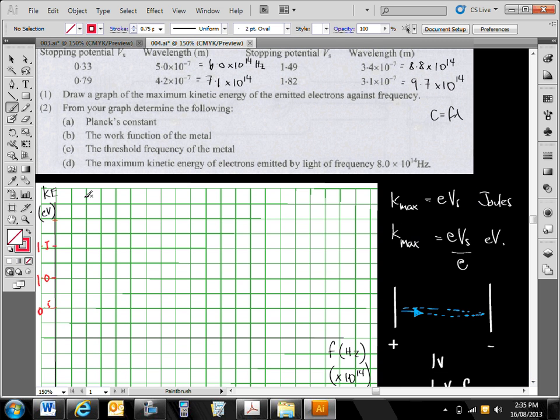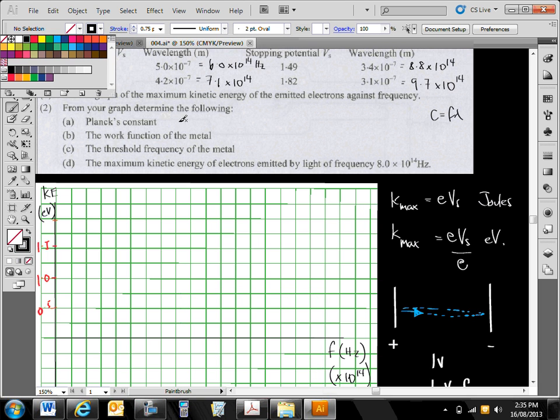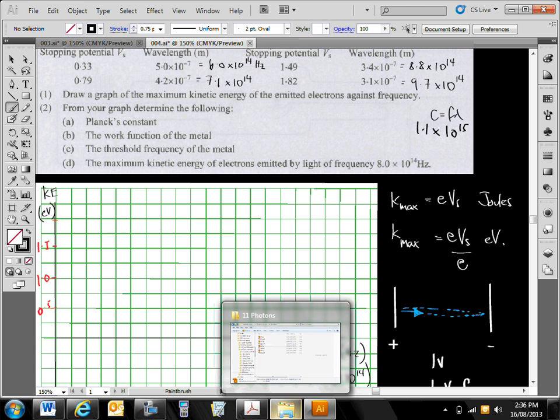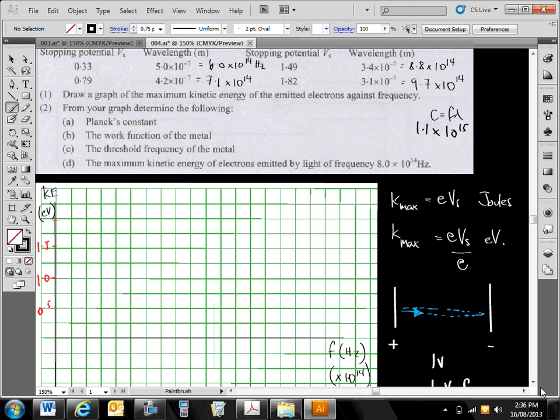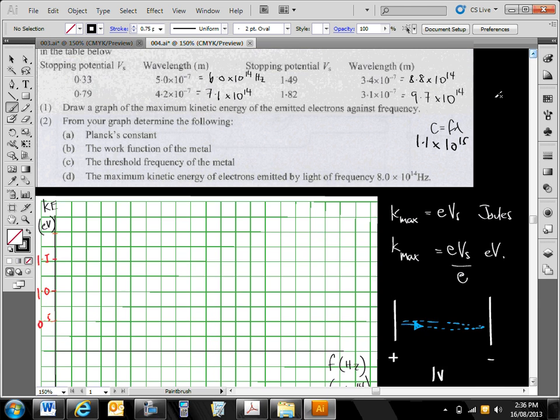Incidentally, just in case, because I think I've seen this come up before, imagine if I had 1.1 by 10 to the 15 hertz as well. How would I put that on here, considering I put 10 to the 14 hertz there? I've said that my frequency is multiplied by 10 to the 14. Exactly. I can make that 10 to the 14 and move that decimal place to the right one, and then it becomes an 11.